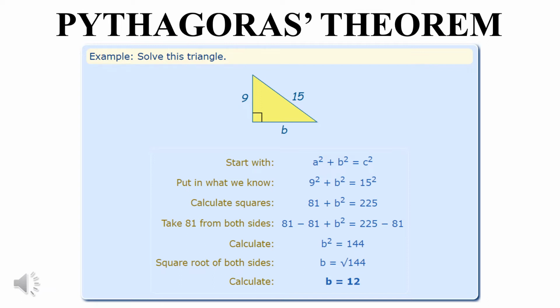Take 81 from both sides. 81 minus 81 plus B squared is equal to 225 minus 81. Calculate. B squared is equal to 144. Square root of both sides. B is equal to the square root of 144. Calculate. B is equal to 12.